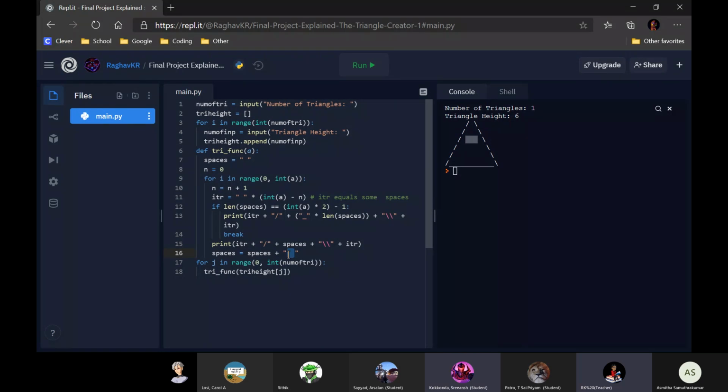Oh, so if you put 3 spaces, would it just keep on adding 3 spaces? No, if spaces was equal to 3, then spaces equals 3 plus 2, so then spaces would equal 5. You get it? So it just keeps adding 2. And the starting value is always 1 space in every triangle. Okay.